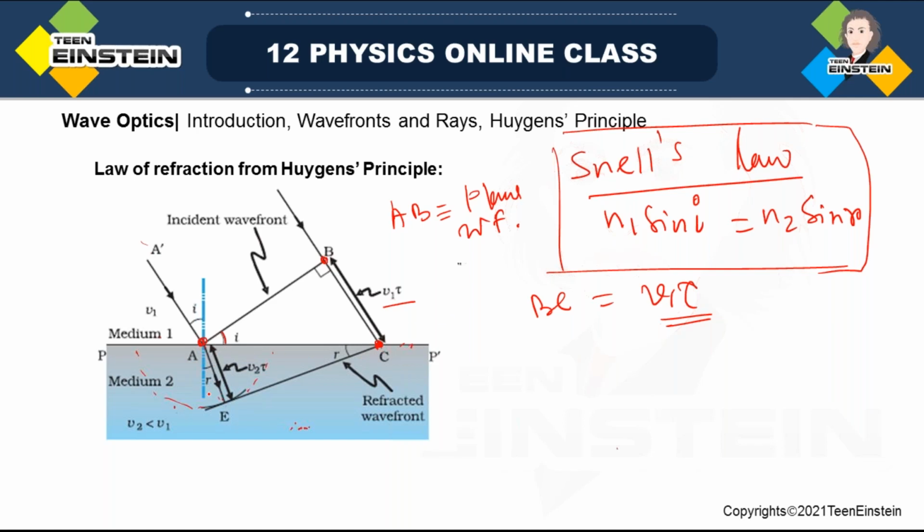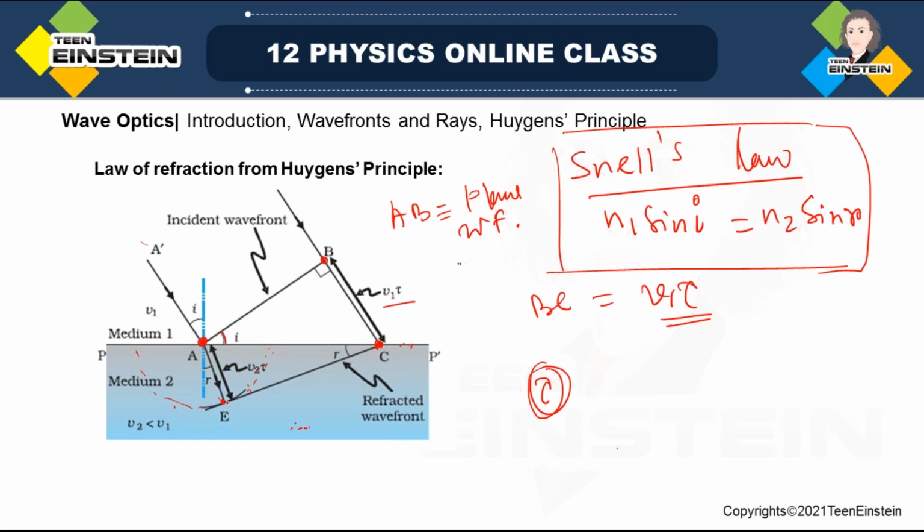What am I thinking? In tau time, the wavefront produced by this point A, as you know, each point on the wavefront will produce a secondary wave. So the secondary wave is produced by this point A, and in this time tau it is moving up to E. So I'm just drawing a circle, or I can say a sphere, with the radius v2 into tau.